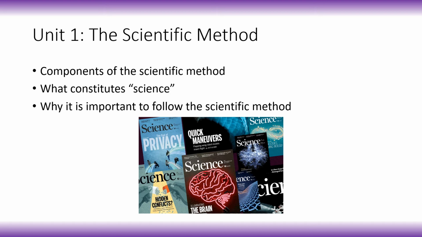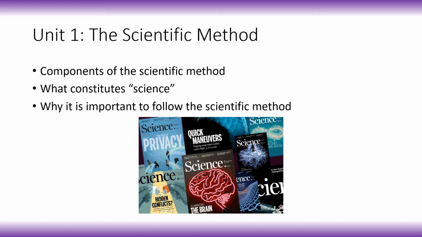And we'll also talk a little bit about why it's important to follow the scientific method, or at least why it's important to follow a method of some sort that we can all reasonably agree upon when we're going through this process. We are living in a time where there are a lot of people that aren't paying enough attention to the data that's coming in from scientists and from scientific experiments and papers and stuff.